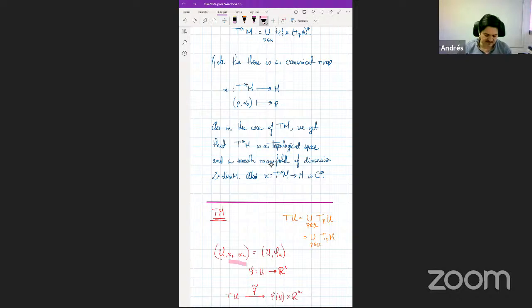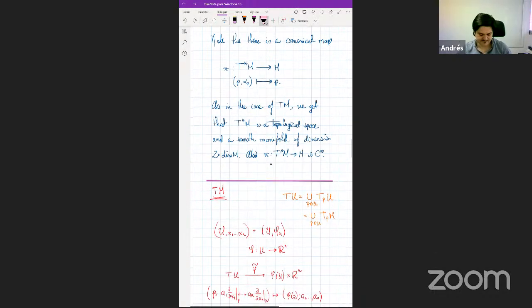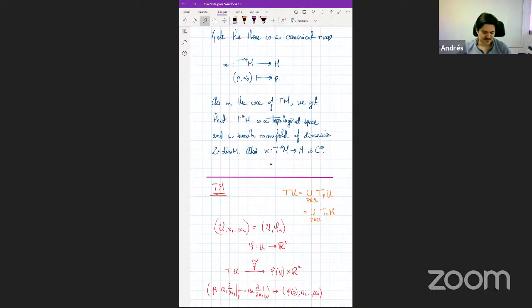Because on U we have coordinates, we know very well the description of any vector here. So an element here is of this form, is a point and a vector, and we're using the coordinates x1 up to xn. After that, the map is given by this.